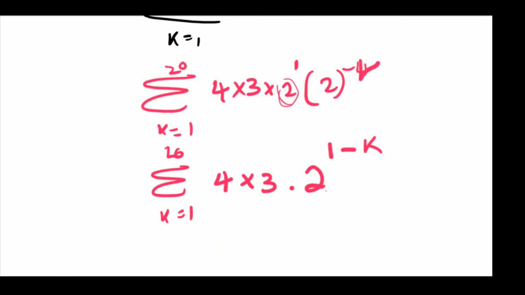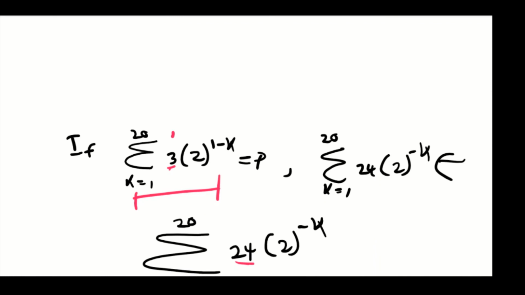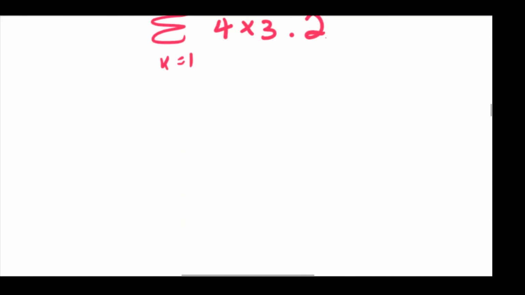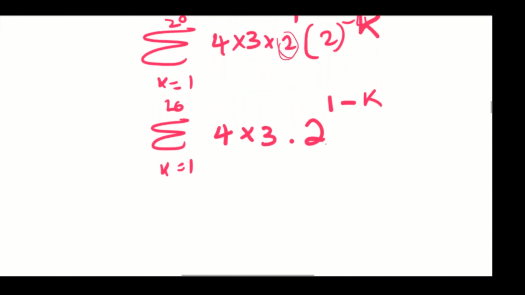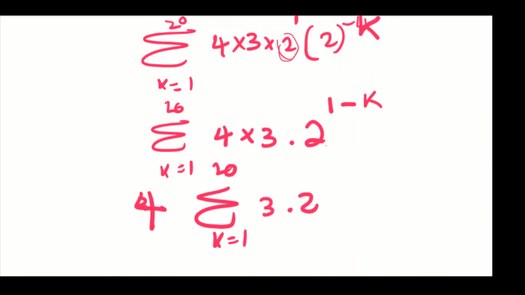It's almost similar to the given one now, we just need to remove the 4. So we can say the 4 here, sum of 20, k equals 1, and we have 3 multiplied by 2 to the power of 1 minus k, right?